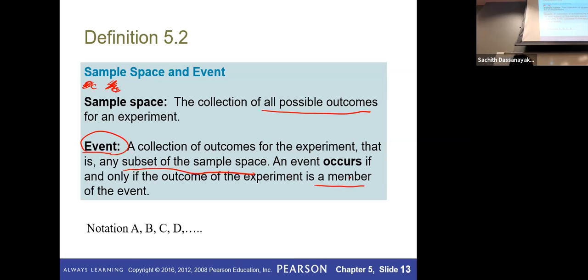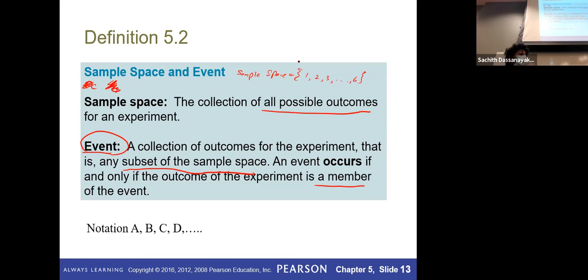Consider this. I have my sample space, meaning all possible outcomes for rolling a die. We write it like this: 1, 2, 3, up to 6, right?